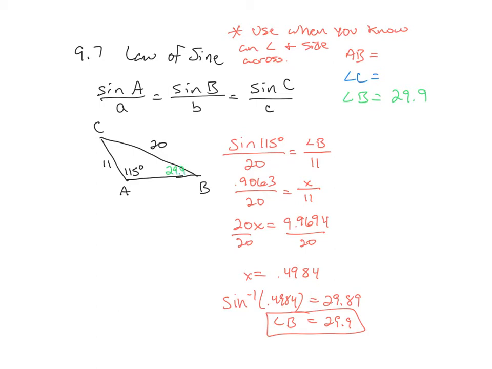So then to figure out angle C, I can just do 115 plus 29.9 is 144.9. And when I do 180 minus 144.9, I get 35.1.